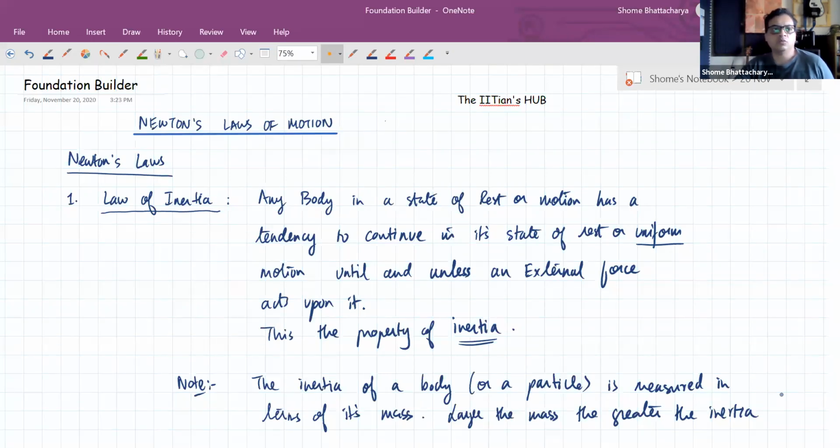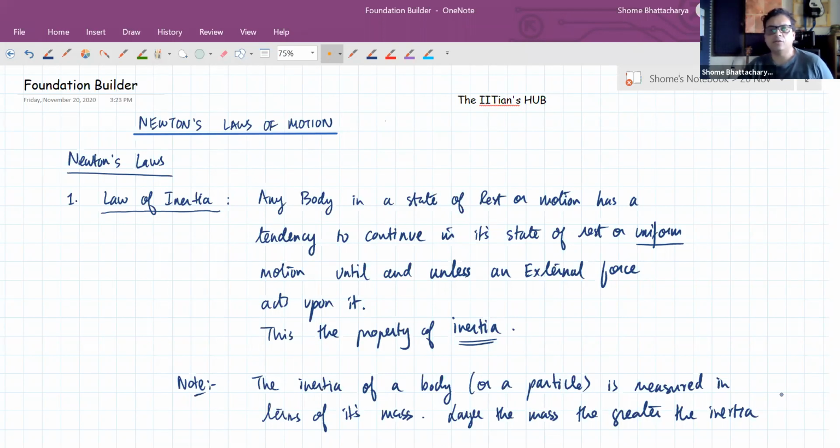So all bodies possess the property of inertia, and by this property a body wants to continue in its state, whether that state is rest or uniform motion. To change its state, that is, if it's at rest to bring it to motion, or if it's already in motion to change its uniform motion into accelerated or decelerated motion, or make the velocity vector turn, to basically change its motion from uniform to non-uniform motion, that means make its velocity vector change, we need to apply some external cause on it.